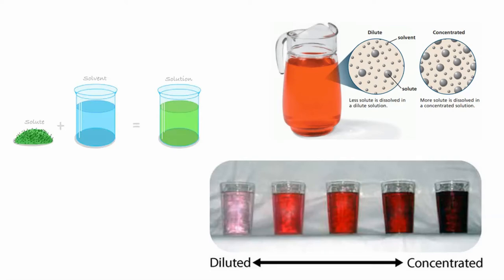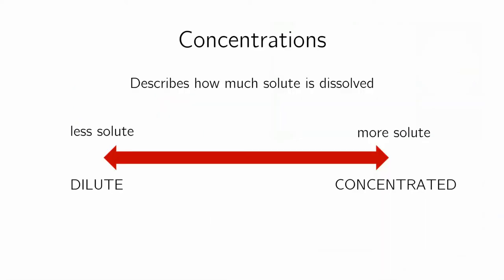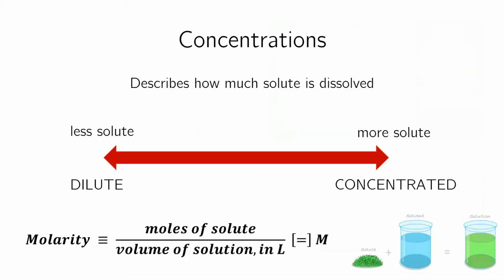It's the same idea. Now we're in the business of quantifying things. So we will use concentrations to quantify how concentrated a solution is. And the mathematical definition of concentration in chemistry will be that of the molarity.